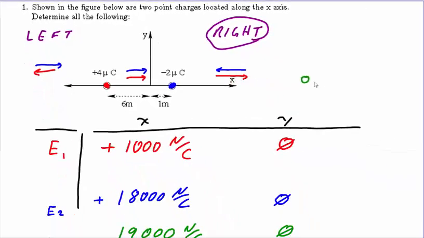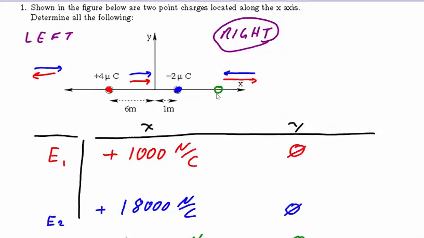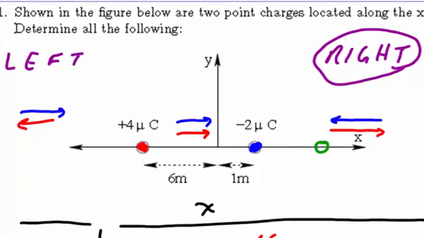If I move very, very far away, then effectively I'm almost the same distance from each of the two charges. The 4 overwhelms, and the electric field will be to the right. Somewhere in between exists an x location at which I expect they will cancel.